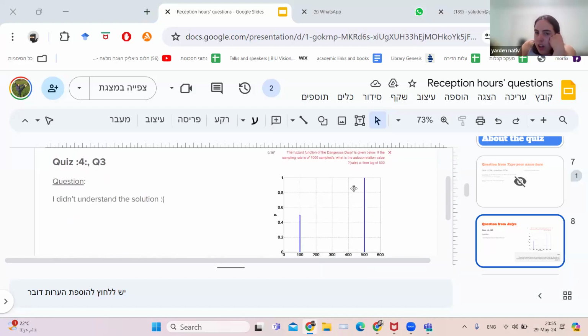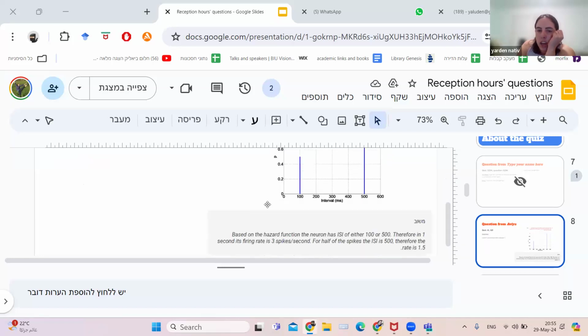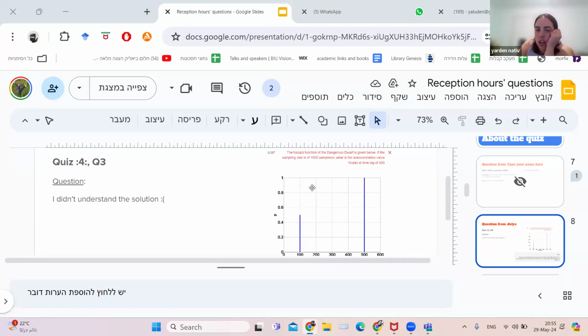So the hazard function of the dangerous dwarf is given below. This is the hazard function, and we have two possible ISIs, either at 100 or at 500. And we can see by the relation between them that the probability for each one is 0.5, right, Avia? Yes, okay. Great.